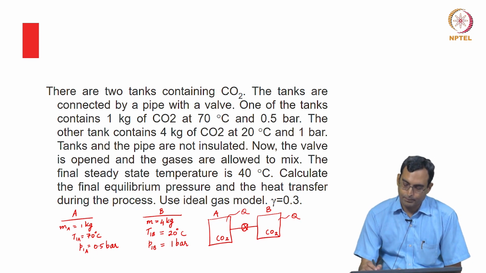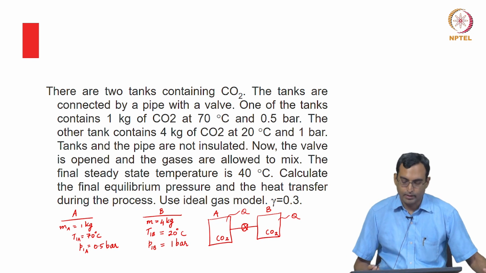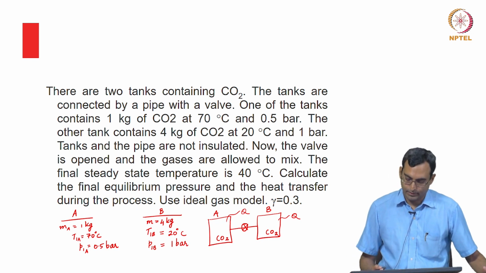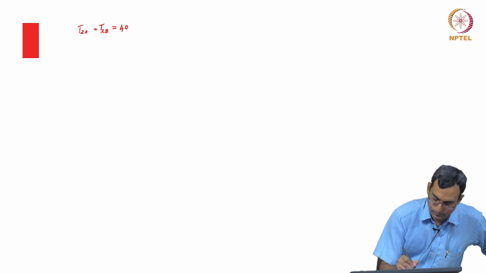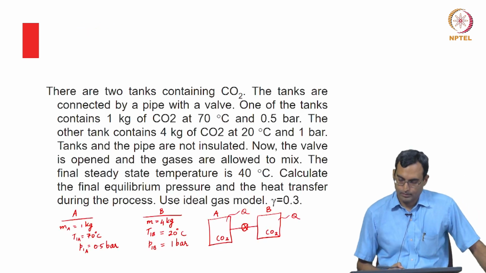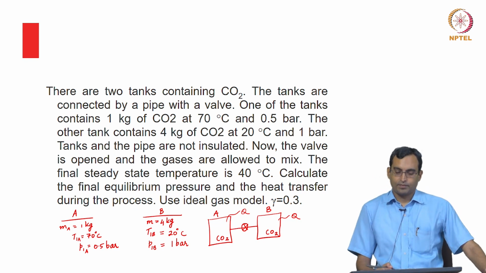The final steady state temperature is given as 40 degrees centigrade. So, the temperature in both the tanks finally is 40 degrees centigrade. So, let me make a note of that here. We are asked to calculate the final equilibrium pressure and the heat transfer during the process.